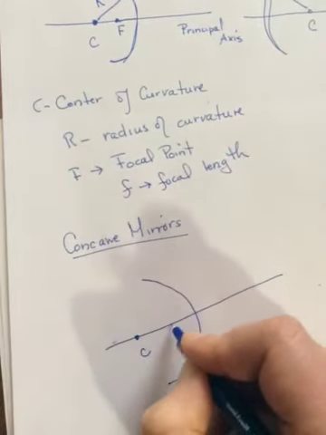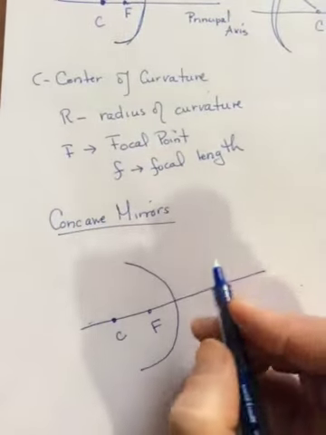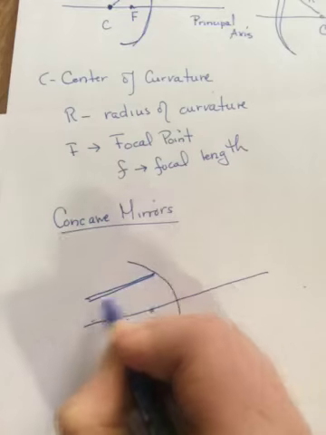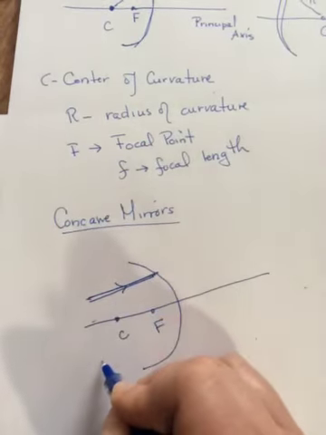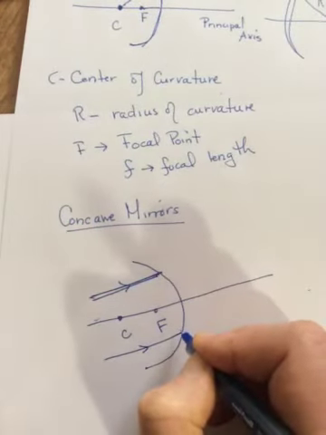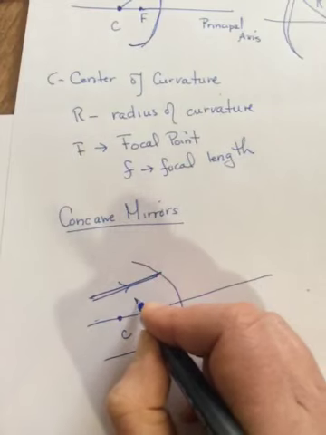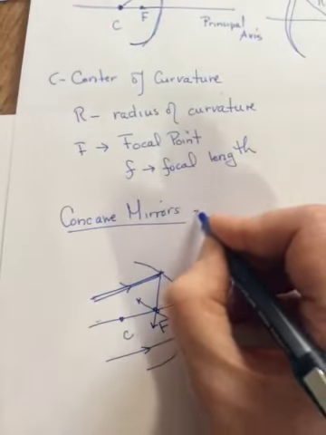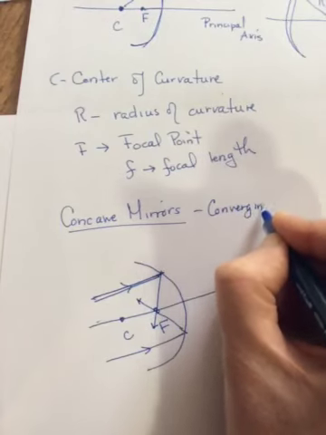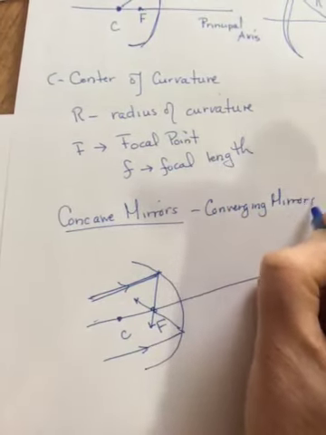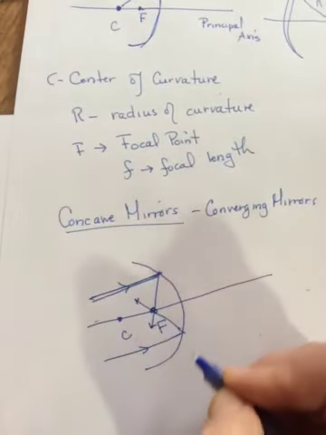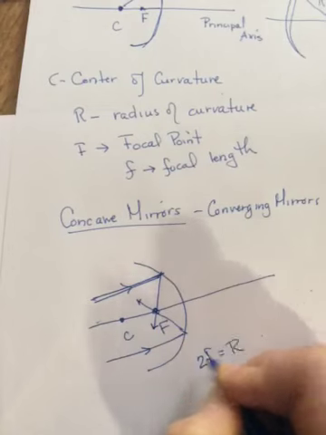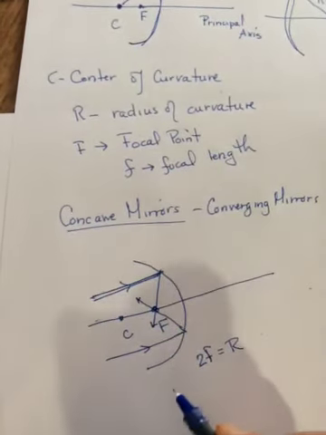So here's my C. Here's my F. And for a concave mirror, we can always find F, because lines that go in parallel to the principal axis get reflected in such a way that they pass through F. So concave mirrors are called converging mirrors for this very reason, because lines going in parallel to the principal axis converge at a point F. And like I said, 2F is equal to R. 2 times the focal length is equal to the radius of curvature.